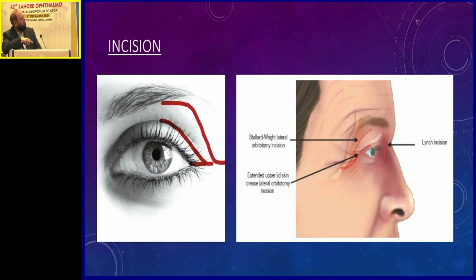Again, for the incision, it is a stellate right incision or the lateral crease extension. So any of the incisions can be given for lateral orbitotomy.